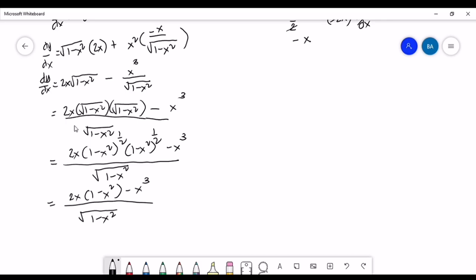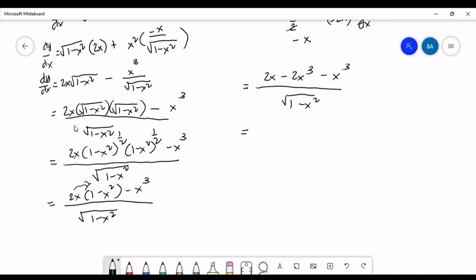And then let's use the distributive property here. 2x times 1 is 2x, minus 2x raised to 3, minus x raised to 3. Copy this one, divided by the square root of 1 minus x squared.